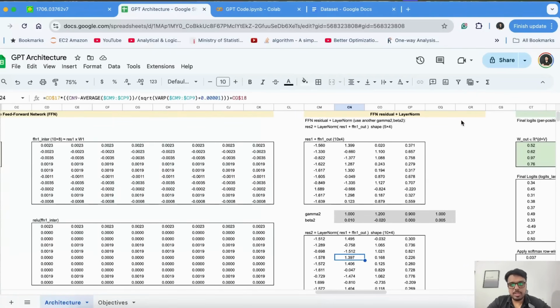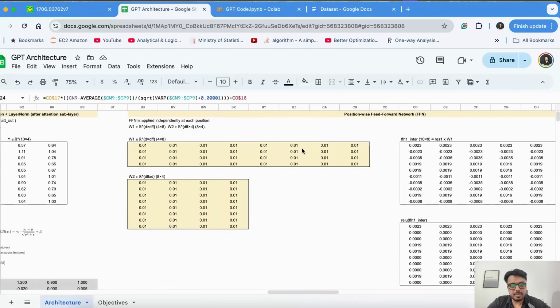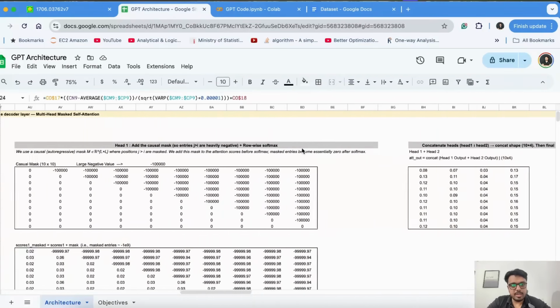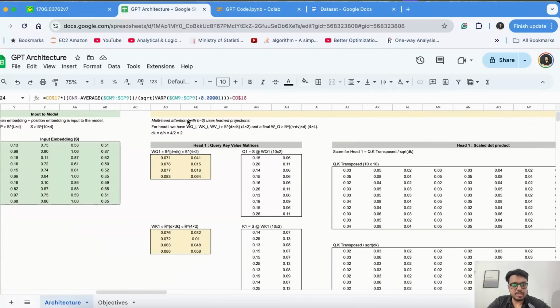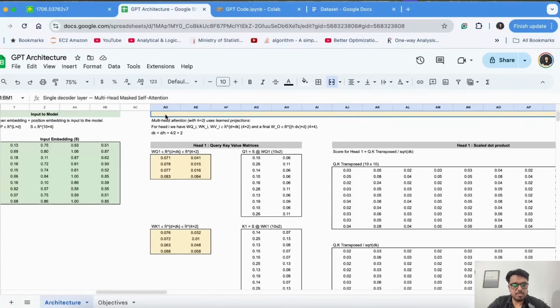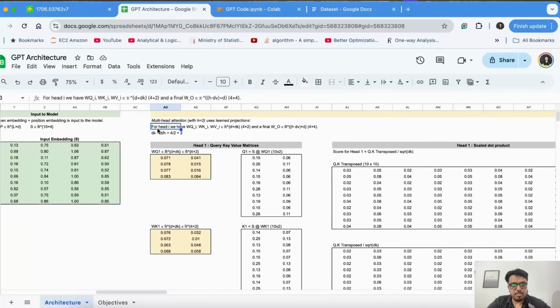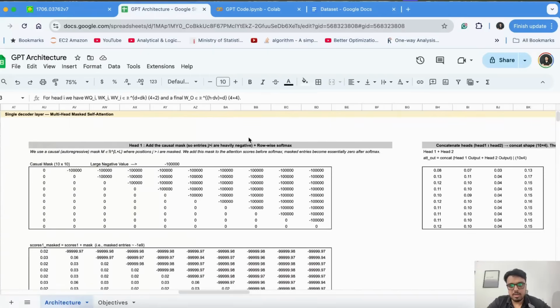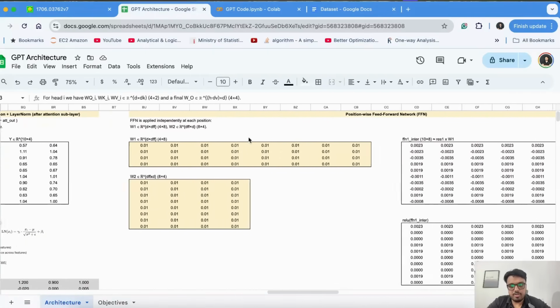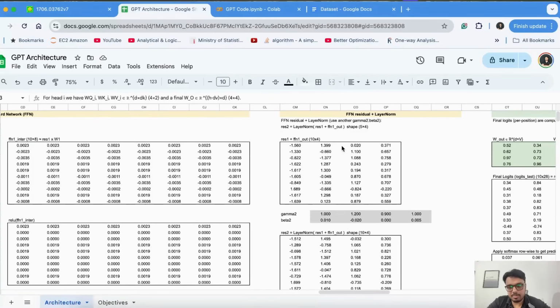So this entire thing that you see color coded as somewhat orange, right from the head up until the feed forward network, residual connection and final layer normalization, is what is called one transformer layer.